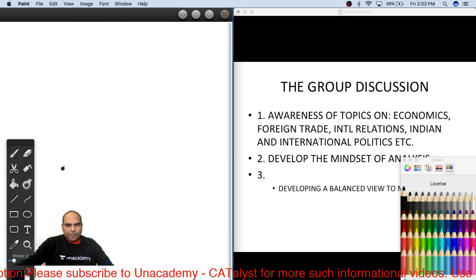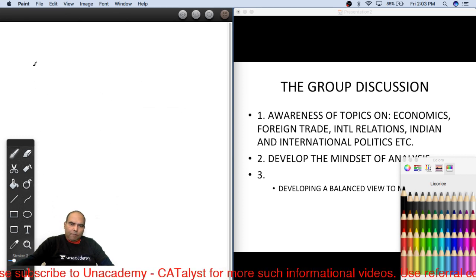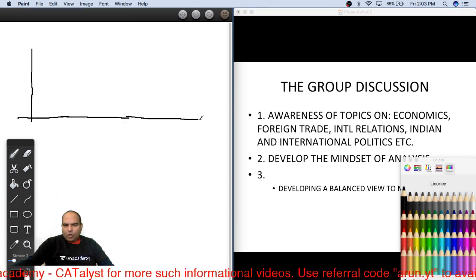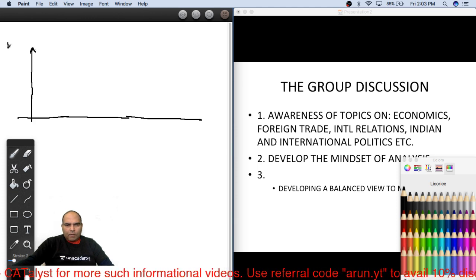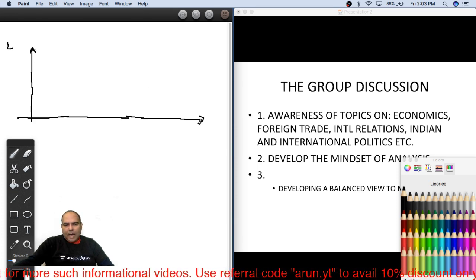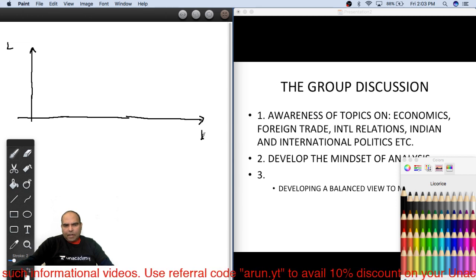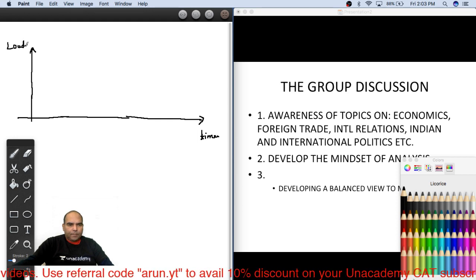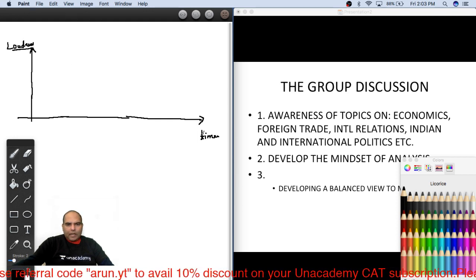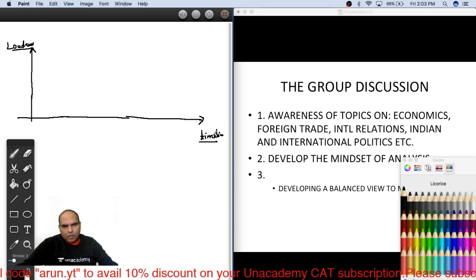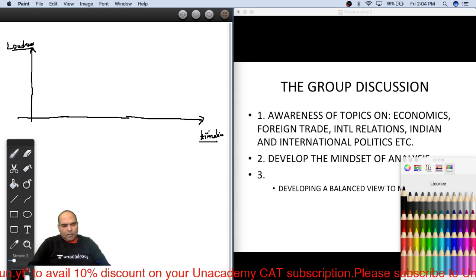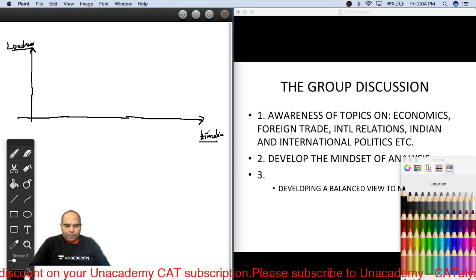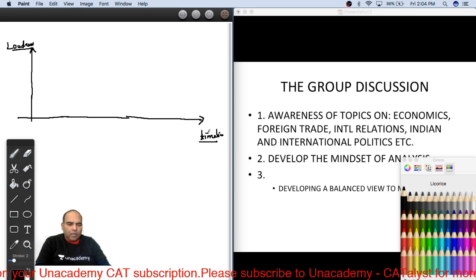So what happens is, when a person is speaking inside the GD, if I talk about the loudness level of the GD on this axis and the timeline on the other, as you go through the discussion, this plot can actually be structured in two ways.